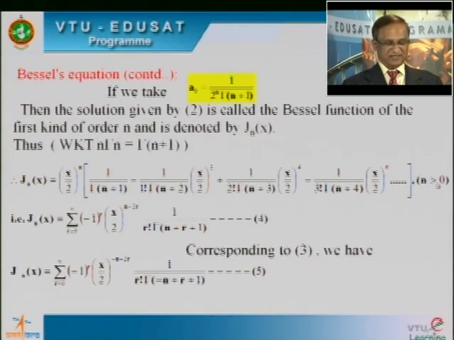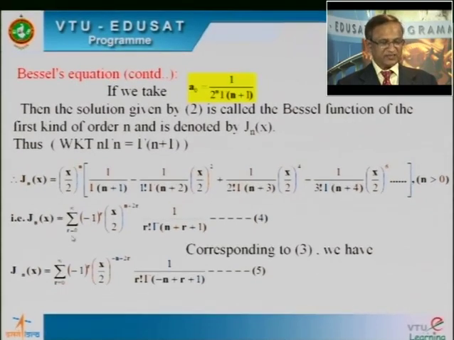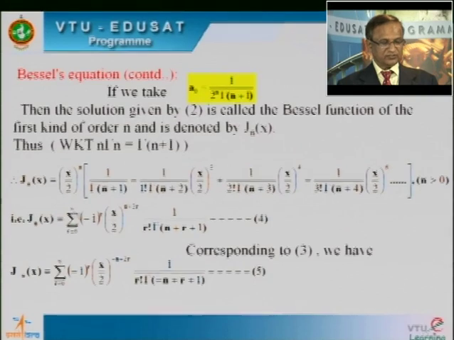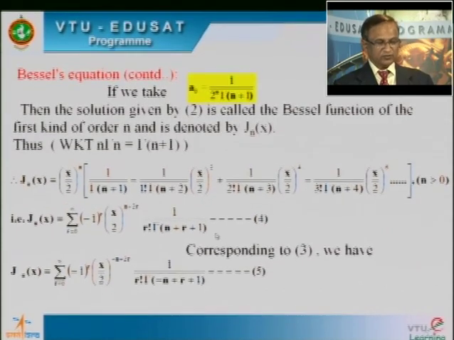Here n is greater than 0, and these terms can be written using the summation Jₙ(x) = Σ from r = 0 to ∞ of (−1)^r (x/2)^(n+2r) · 1/(r! Γ(n+r+1)). You may call it equation number 4, corresponding to 3. So what we have done is replace m by −n.